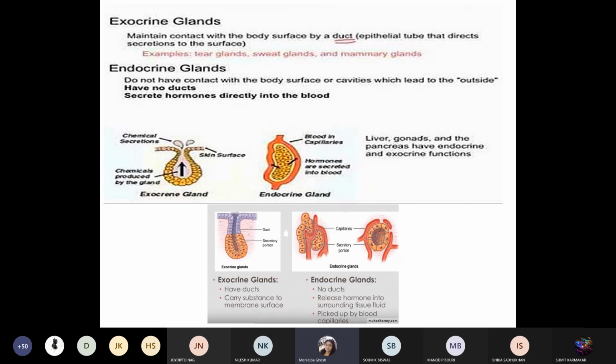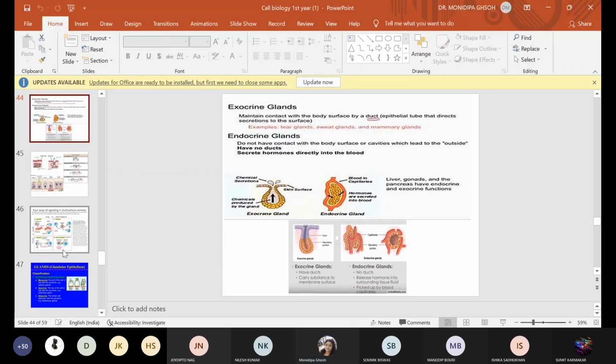But the endocrine glands do not have contact with the body surface or cavities which lead to the outside, have no duct, and secrete hormones directly into the blood. Hormones are the example of endocrine glandular secretion, and sweat, sebum, tears, milk are the examples of exocrine gland secretion.